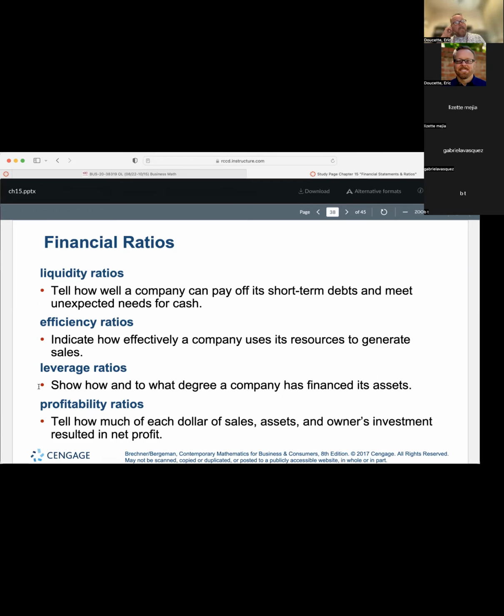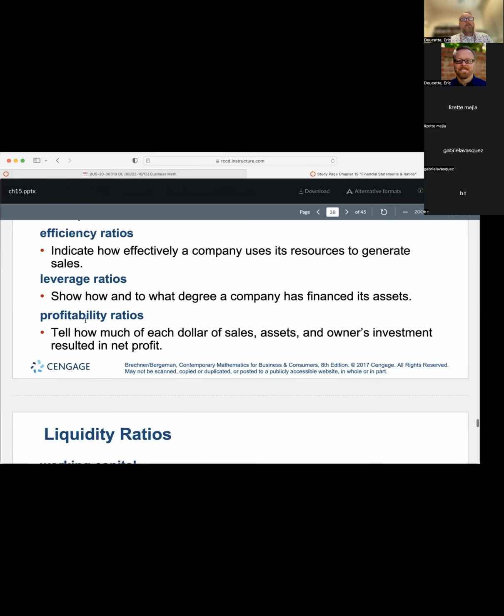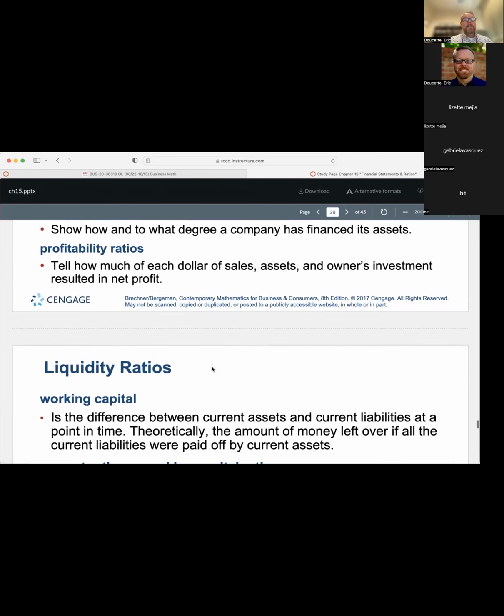Leverage ratios, again, show how much I'm leveraged or how little I'm leveraged from my assets to my debts. Profitability ratio, so how much on each dollar of sales that I have is resulting in profit. And that could be a cent, like every dollar in sales I get, I'm profiting 10 cents. Or every dollar of sales, I'm profiting 1 cent, whatever. So that's what profitability ratios show.